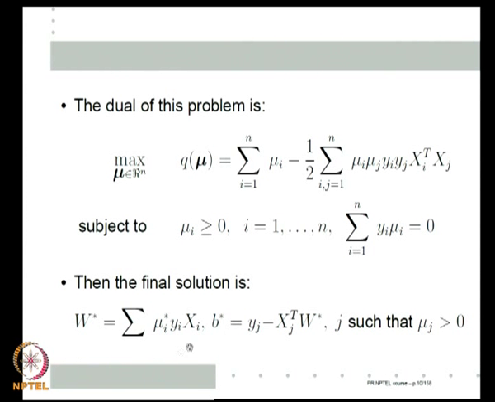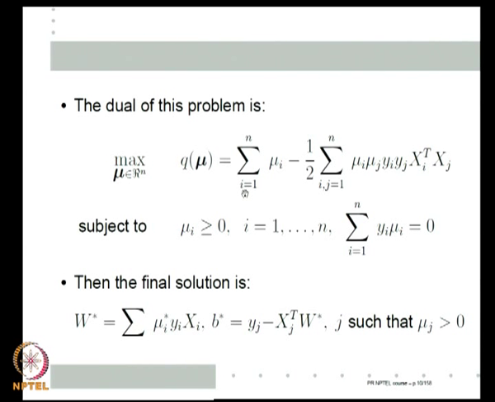That is the final solution. The final solution W star is the sum of mu i star yi xi, and b star is yj minus xj transpose W star for some j such that mu j star, I am sorry, mu j star is greater than 0. This comes from equating the gradient of your Lagrangian to 0, and this comes from the complementary slackness condition as you derived last time.